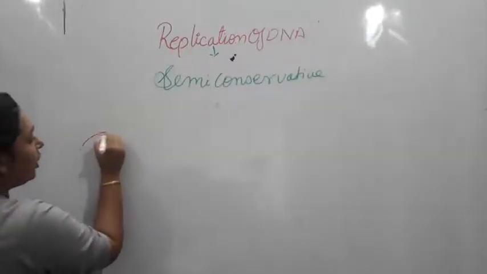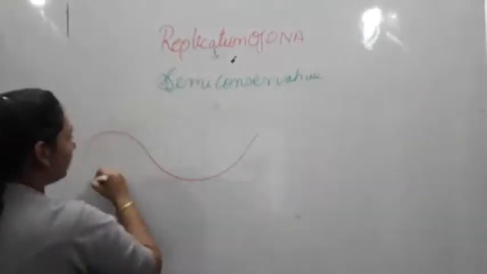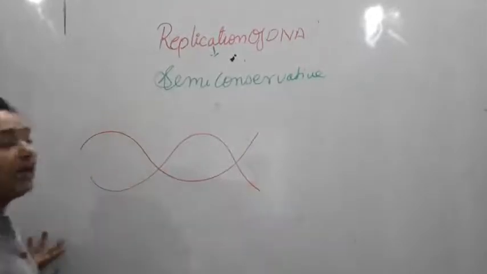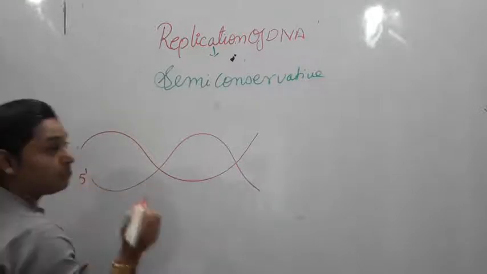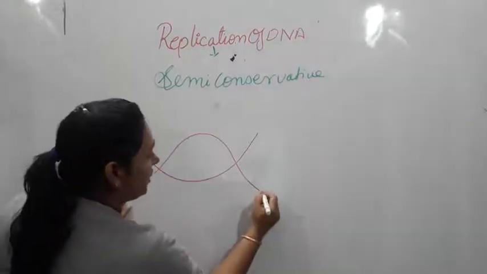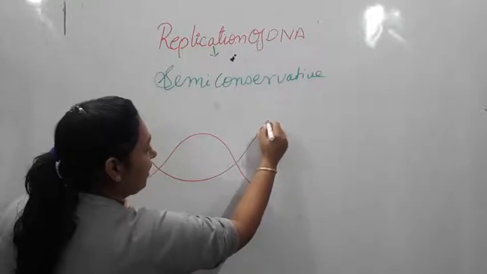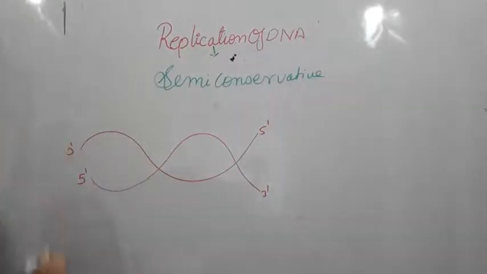Okay, so now what happens, as you know, your DNA is somewhat like this and it's a double helical model. Fine. So now you name this as the 5' and this one 3', this one 5' and this one is the 3'. Fine.